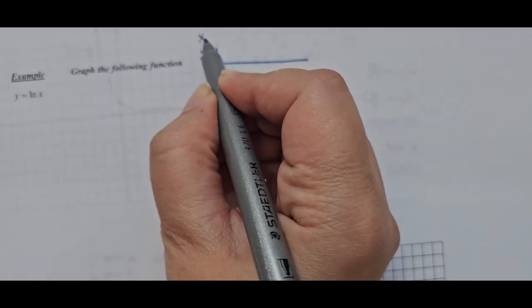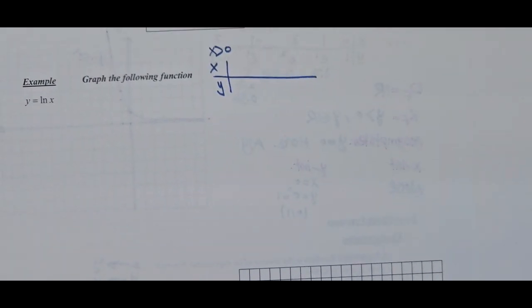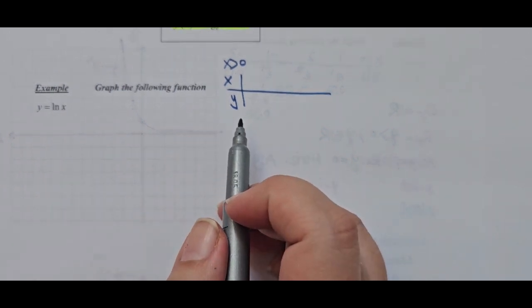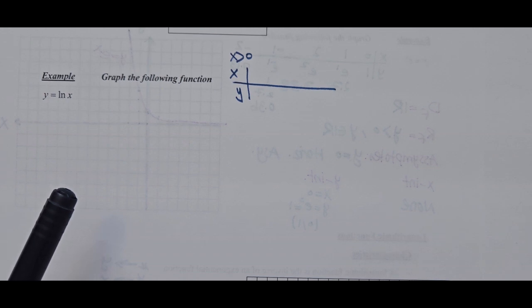The values I usually pick are very small values. So remember, guys, for the x we had a restriction, which is that it should be greater than 0. So the values I have to pick for x must follow the restriction. So I will pick 1 to 10.